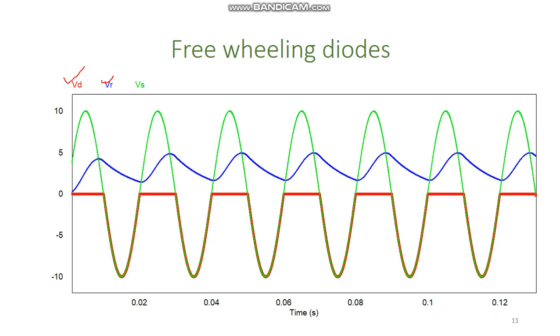But see that the average value of the voltage across this inductor has increased as well.